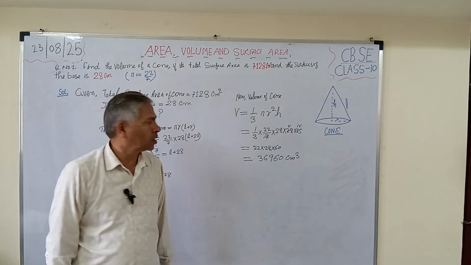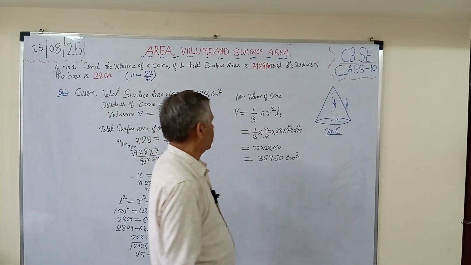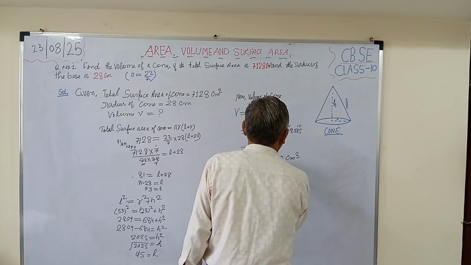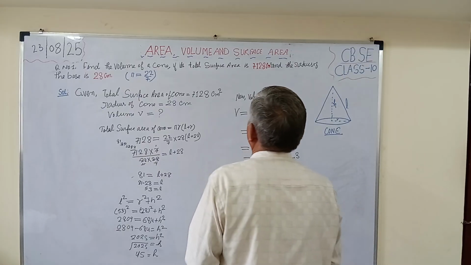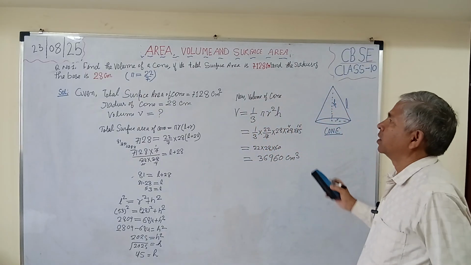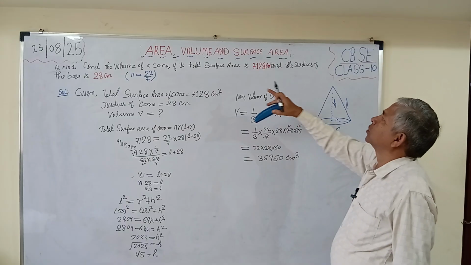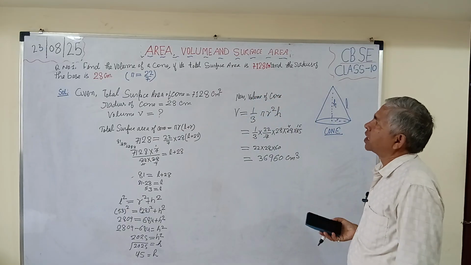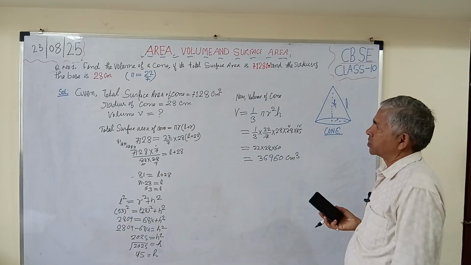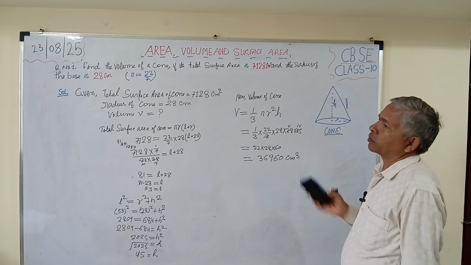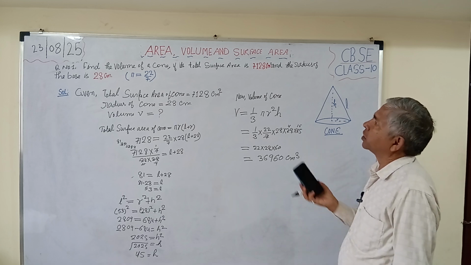That is 36960 centimeter cube. So in this we have seen that two things are given, that is total surface area and the radius, and from that we have to take out the volume.